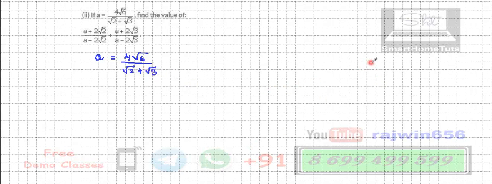Okay, now this 4 root 6, I'm going to split this. 4 can be written as 2 into 2 and root 6 can be written as root 2 into root 3. So I'm going to separate this out.